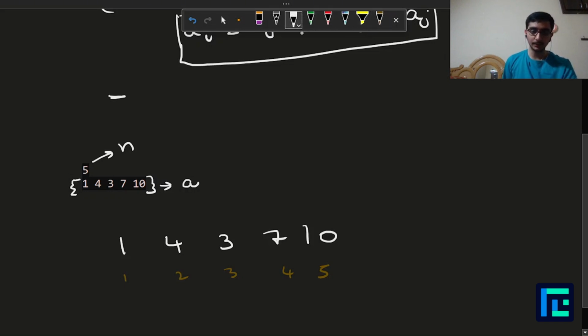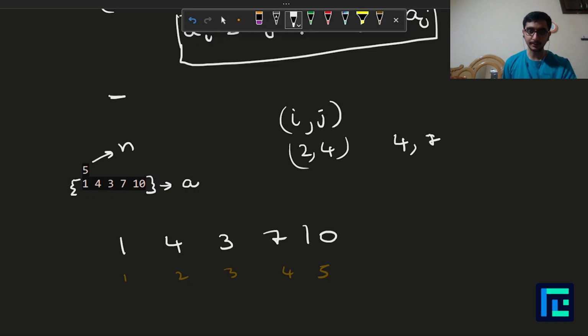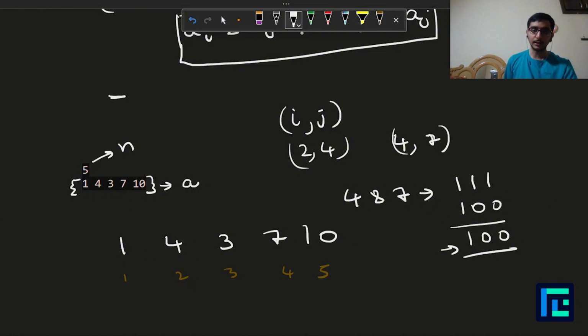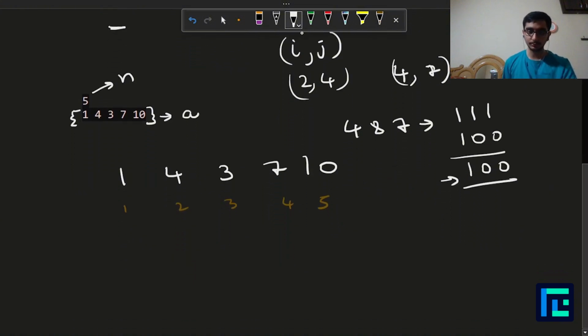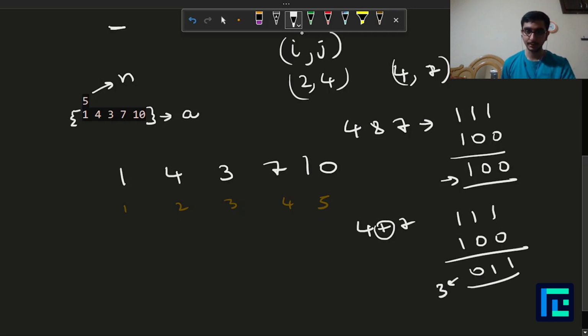we could see that only the pair 2 comma 4, so this is the i comma j pair representing the values 4 comma 7, satisfies this condition. If we see 4 bitwise AND with 7, that would be 111 AND 100, which is 100, so it's 4. And the bitwise XOR 4 XOR 7, so 111 and 100, would be 011, so this would be 3.